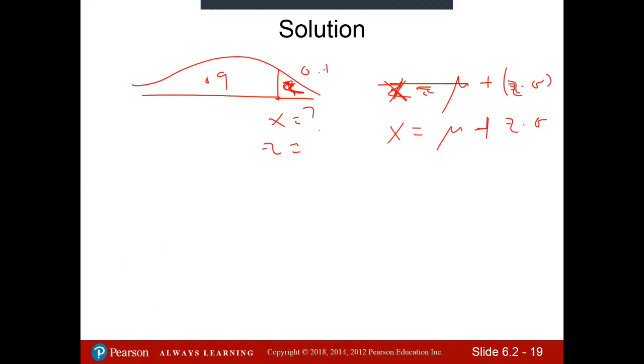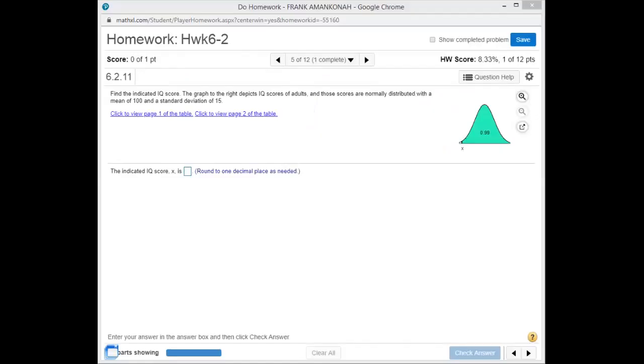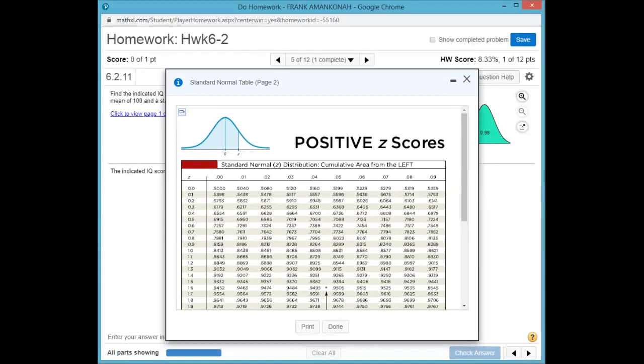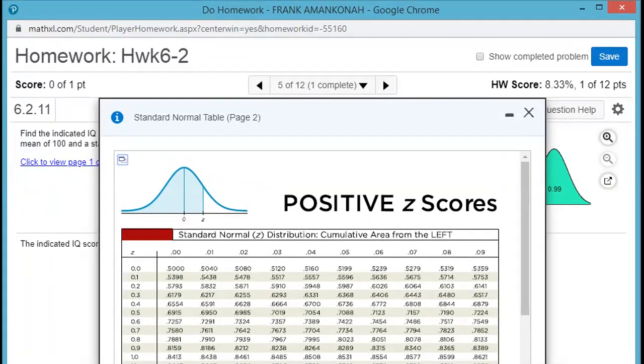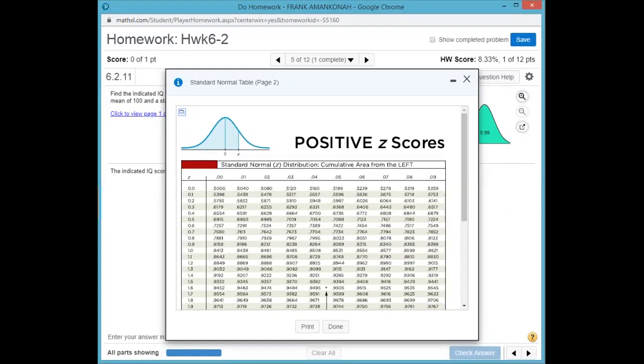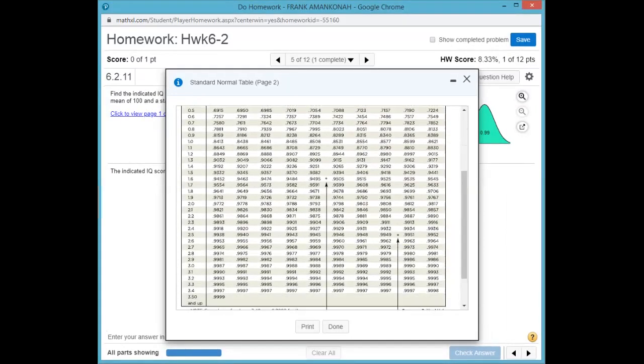So I go to the table and find that value. How do I get my Z? What's the Z-score for that? We don't know, so I want 90% to the left. So go to the table.